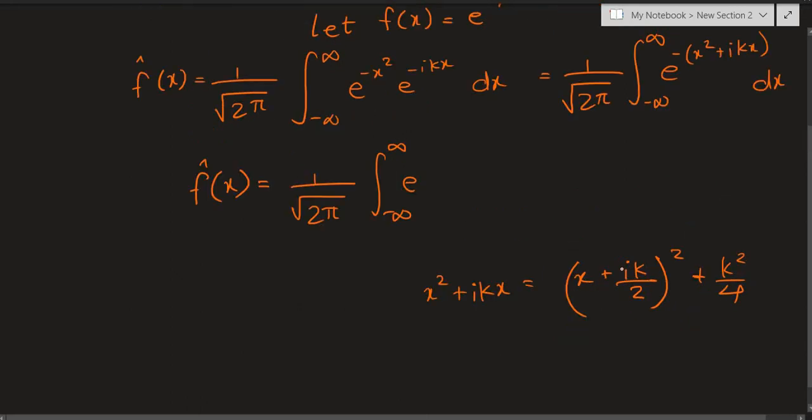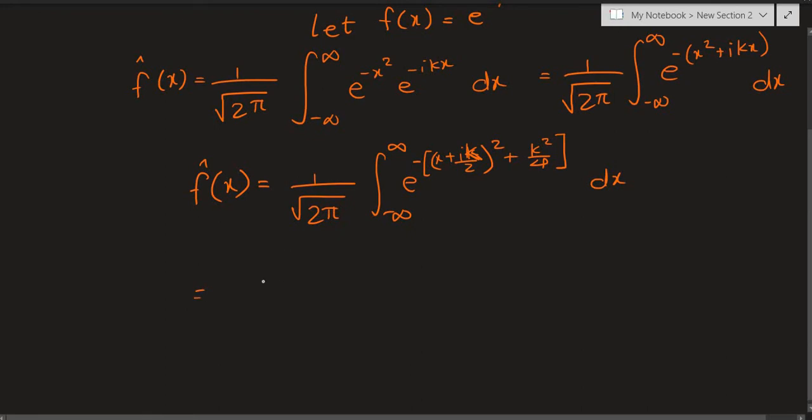So now notice that we are doing all of this in the power. So e raised to negative, and we have this factor, x plus ik over 2 squared, plus k squared over 4, and we have a dx naturally.